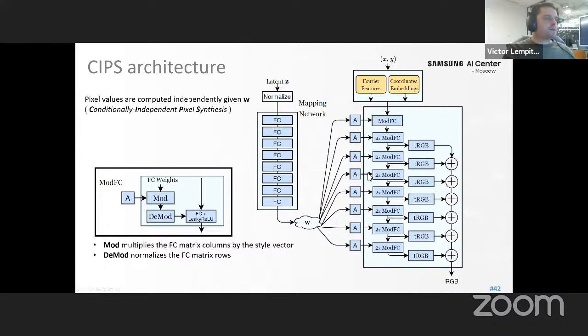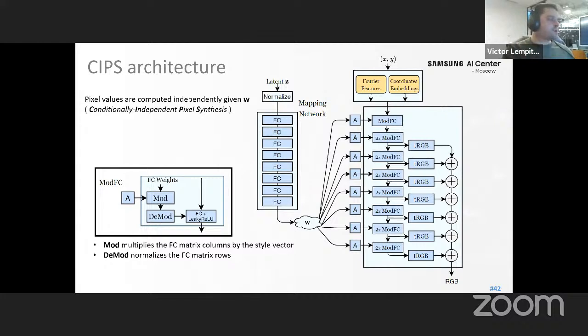And the W vector affects the matrices in these matrix multiplication steps in the following way. We multiply W by a learnable matrix A, and with the resulting vector we reweigh the matrix columns.